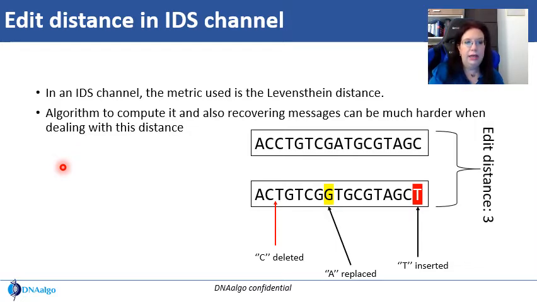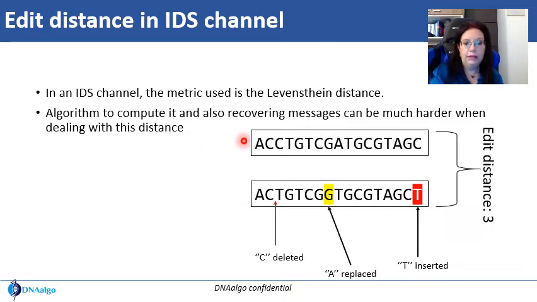So let me make an example. Here we have two strings of oligonucleotides where the differences are the IDS channel errors, and we want to compute the edit distance between these two strings. The edit distance is the number of steps that we need to perform when starting from one string and reaching the second one.